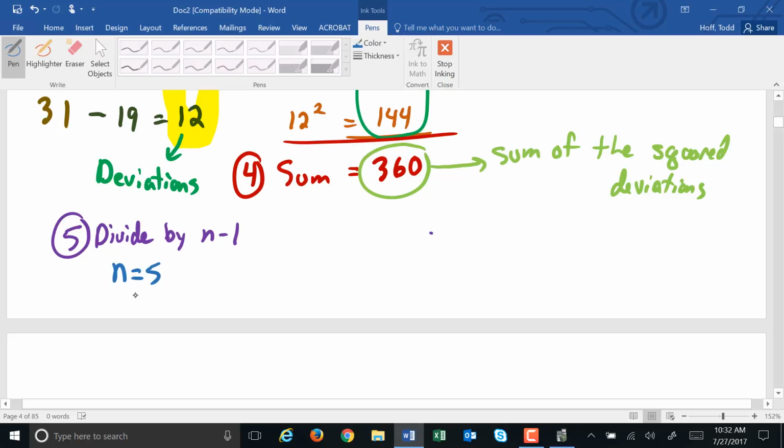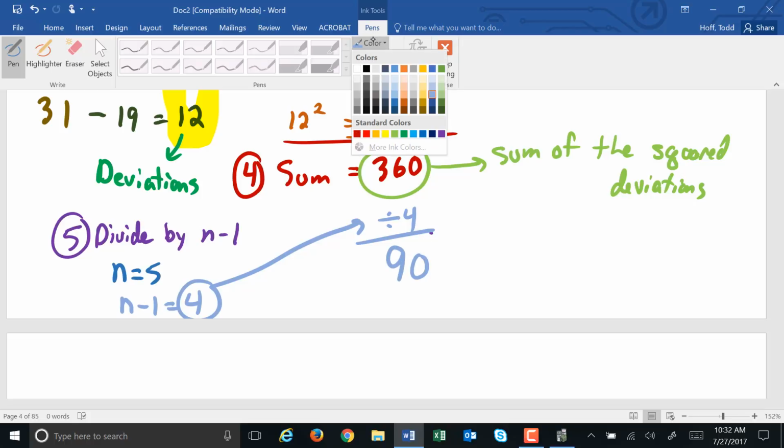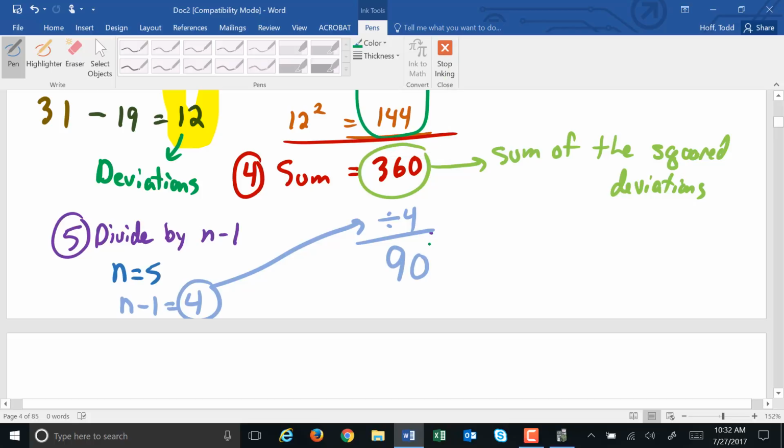So that meant that n minus 1 was 4, right? So we're going to divide by 4, which equals 90. This result here, after we divide, is called the variance.